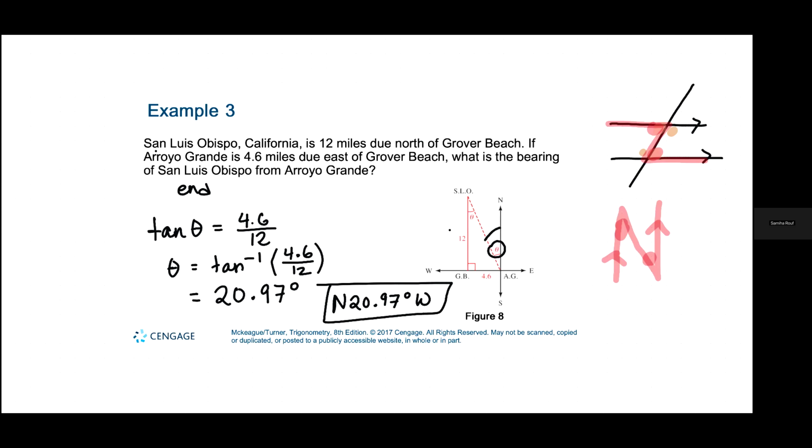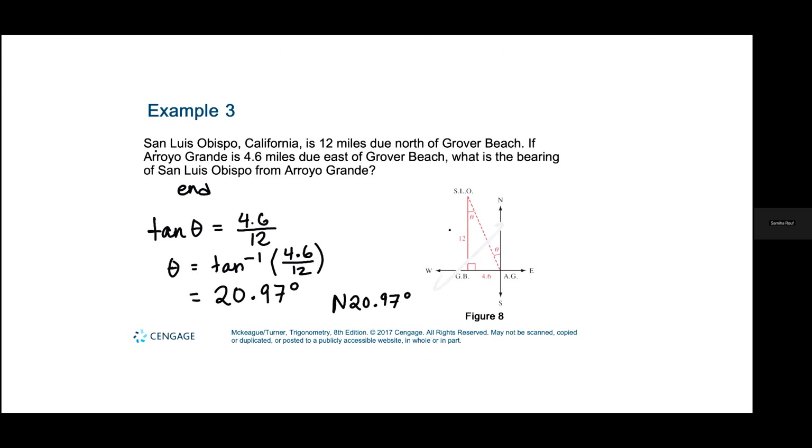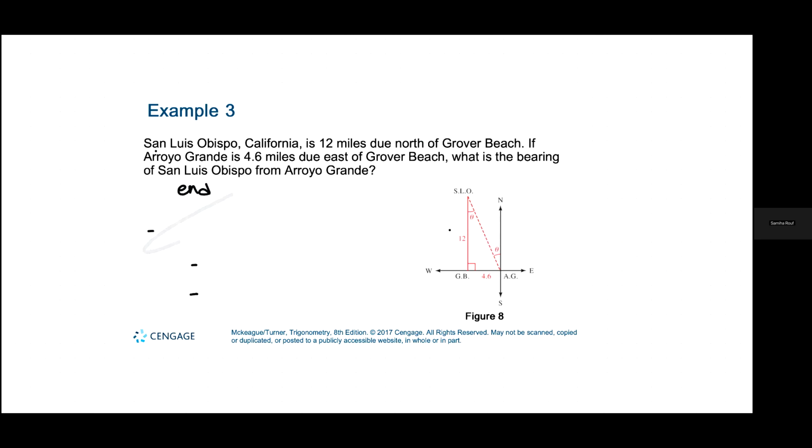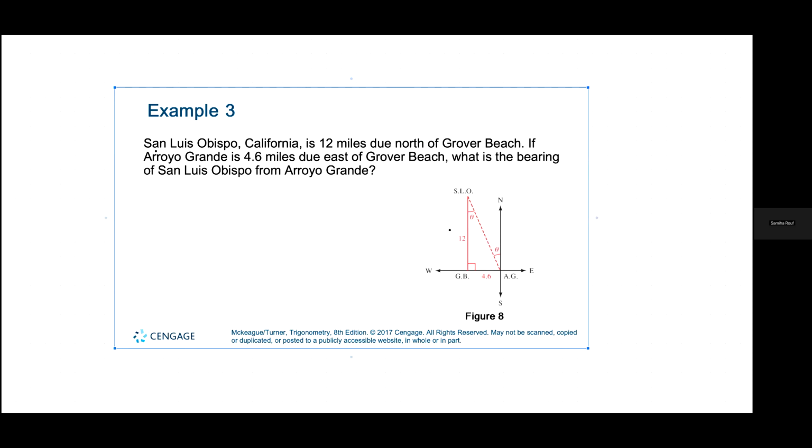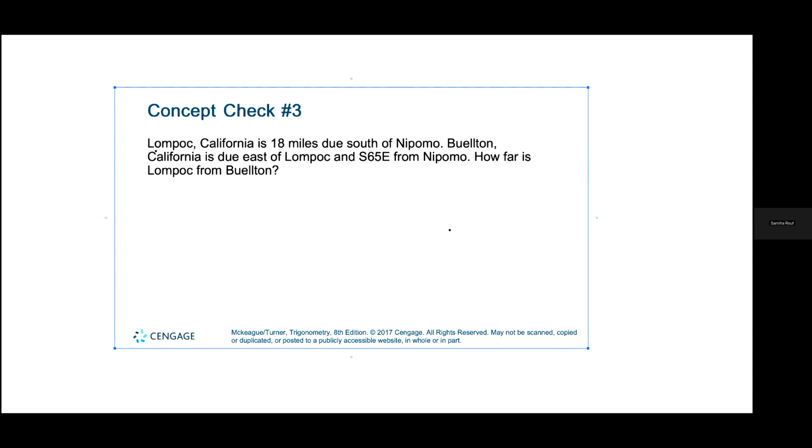I'll just clean this up. Okay. So let's see this question. Let's construct the picture based on what's given.